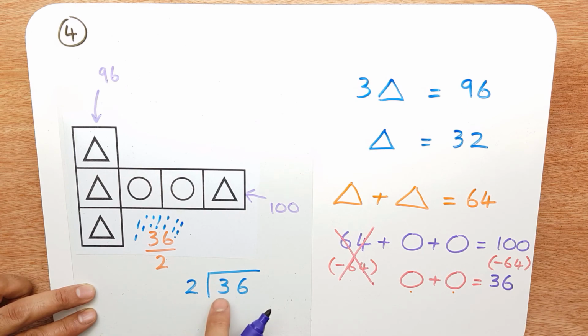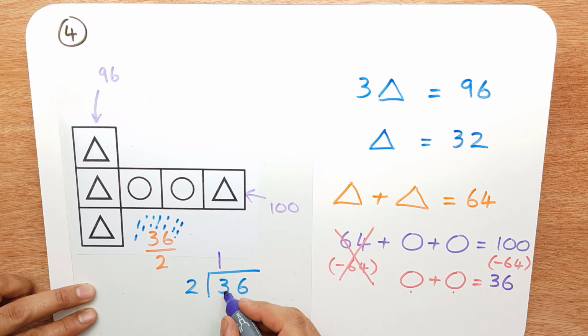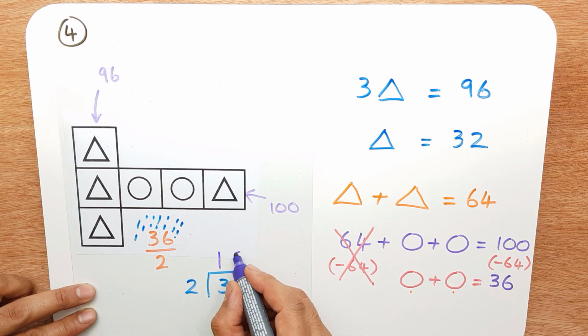Now, how many 2s are there in 3? There's one group of 2, remainder 1. So we carry the 1 over to the 6, and the 6 now becomes 16. So how many 2s are there in 16? 8. And because there's no remainder, we stop here.